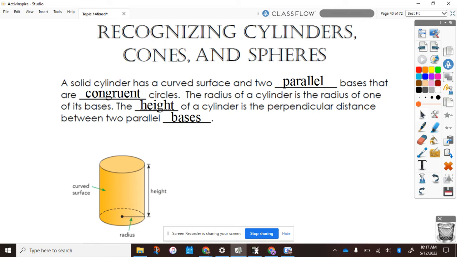You're going to see in the next lesson that in a lot of different ways, everything that we do with cylinders is going to be very similar to what we did earlier on in topic 14 with prisms. So basically, a cylinder, we're going to treat it like a circular prism.